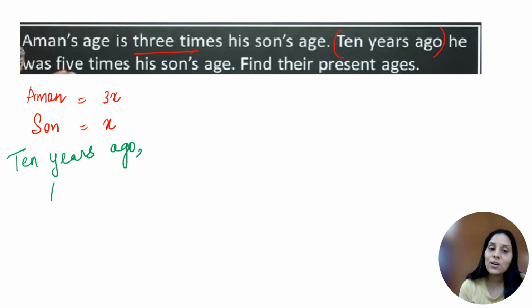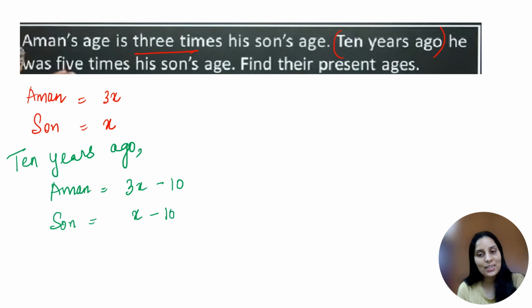So 10 years ago, Aman is 3x. 10 years ago means you will just subtract 10 from his present age, so it is 3x minus 10. Similarly, the son's age 10 years ago is going to be x minus 10. Very good. Now, once I've done till here, I'll read the next part of the statement to frame the equation. He was 5 times. He means who? Aman. So Aman's age 10 years ago is 3x minus 10.